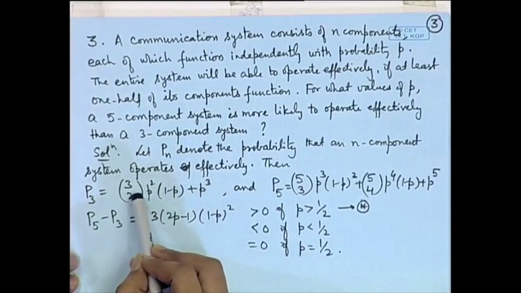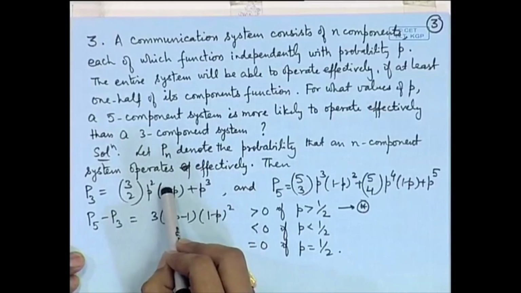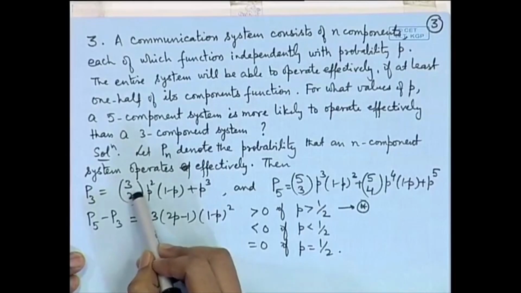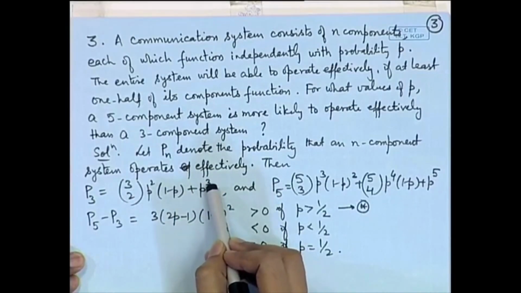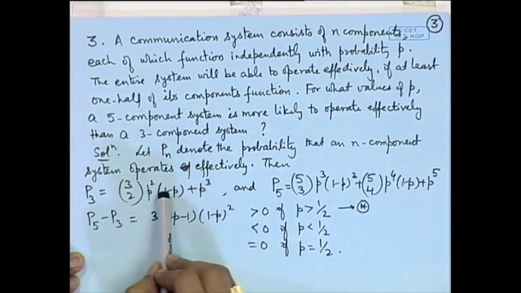That means either 2 or 3 of the components are working correctly. Out of 3, 2 are working: 3C2 p squared (1 minus p), and all 3 are working: p cubed. So, the probability P3 is given by this.